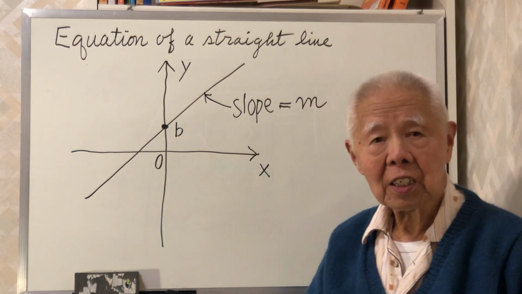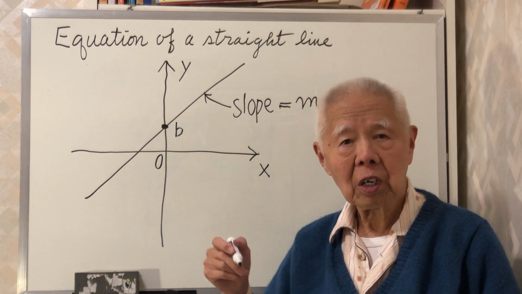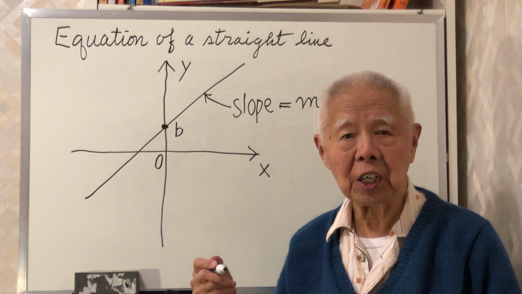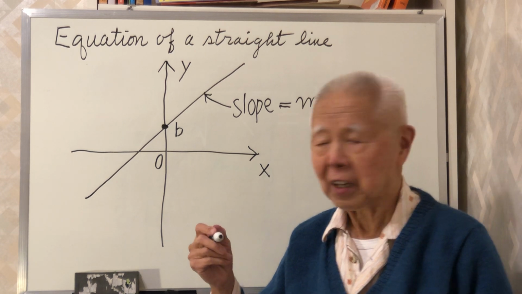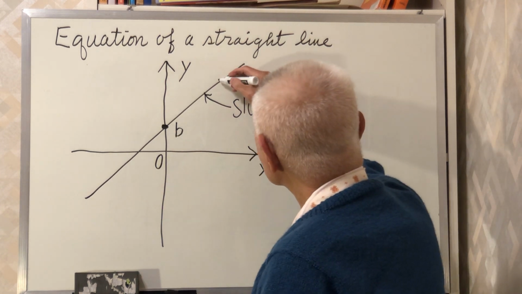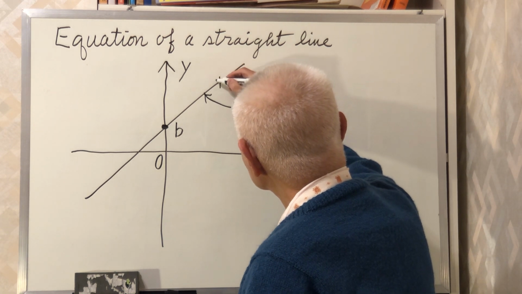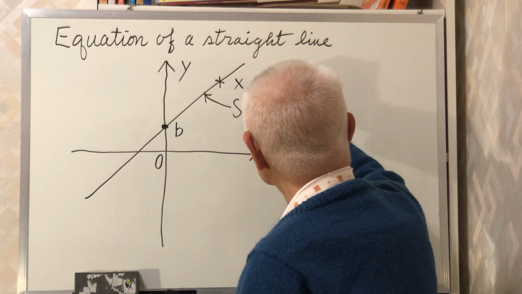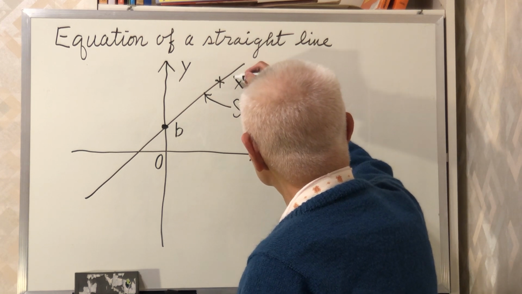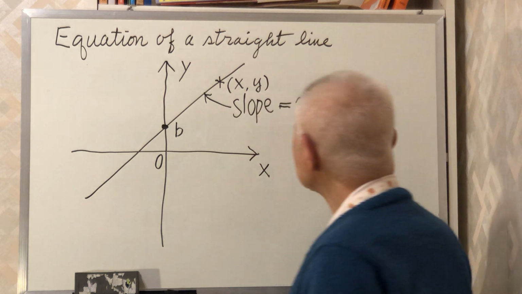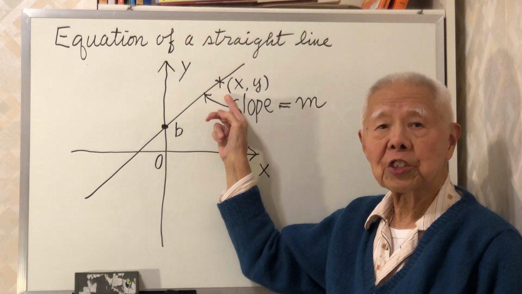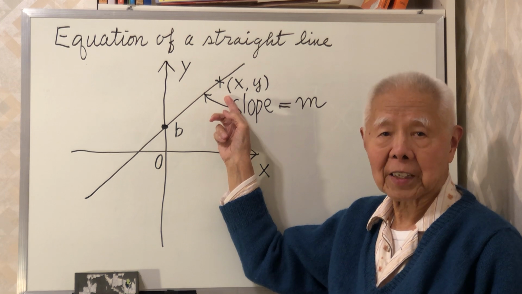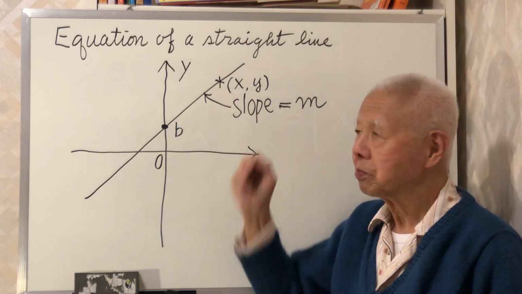Let's say a general point on this line is given by the coordinates x, y. This is a general point. The coordinates are x and y.